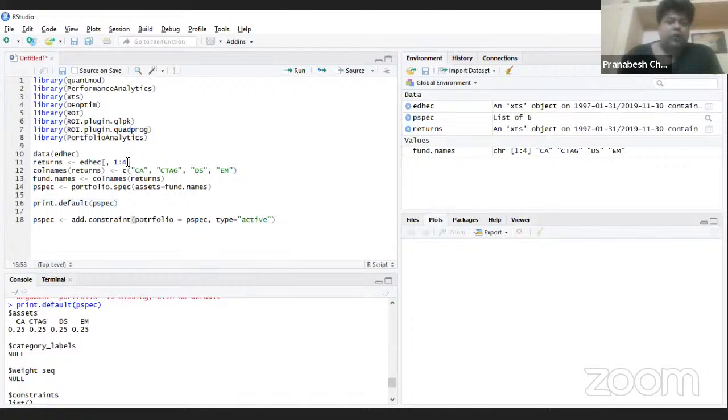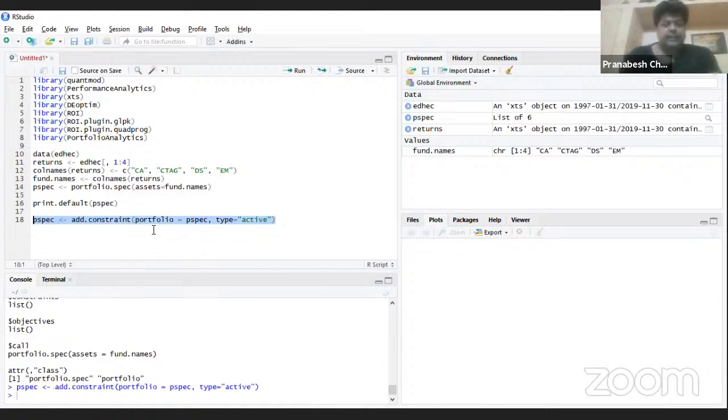Here I had taken 4 columns. Active is what? add.constraint portfolio equals, oh, the spelling is wrong. Portfolio. Now it will work.